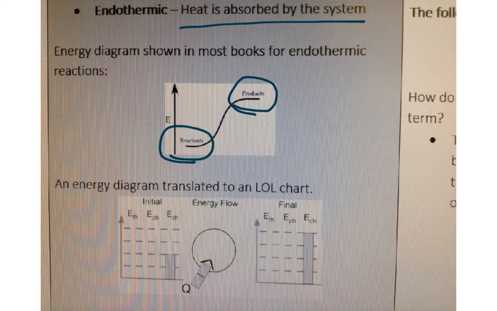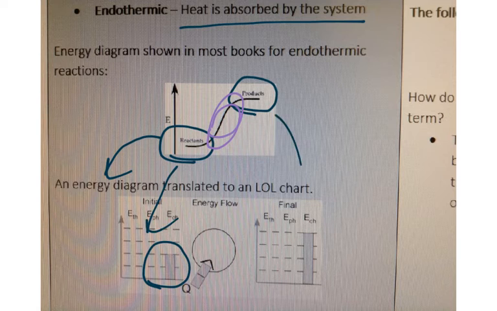If I were to translate this diagram into an LOL chart, I would notice that my reactant chemical energy was here, and then it went to my products, which is an increase in chemical energy. And once again, this is for endothermic, so it's absorbing that energy.